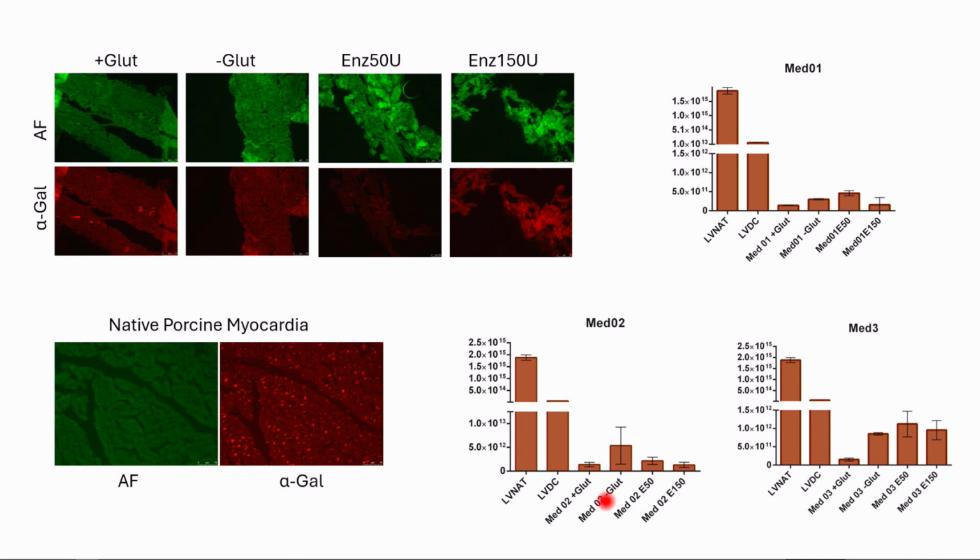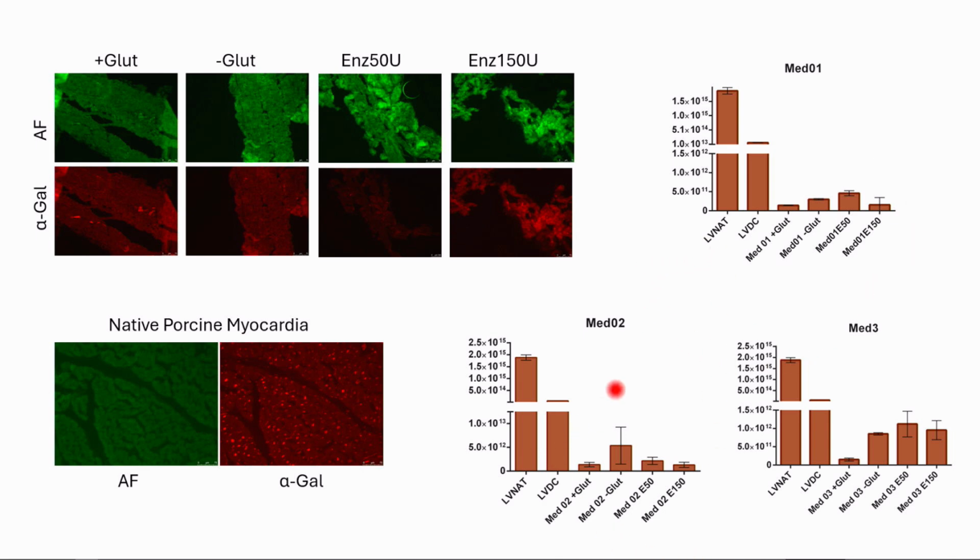But this is only a part of the samples which we have, and the qualitative data does not directly match the quantitative one. So we rely more on the quantification of alpha-gal.